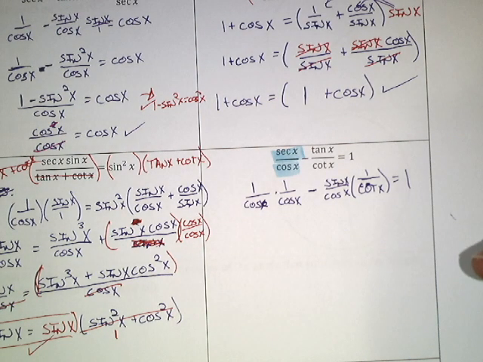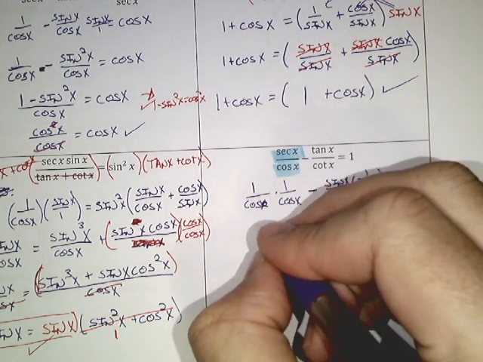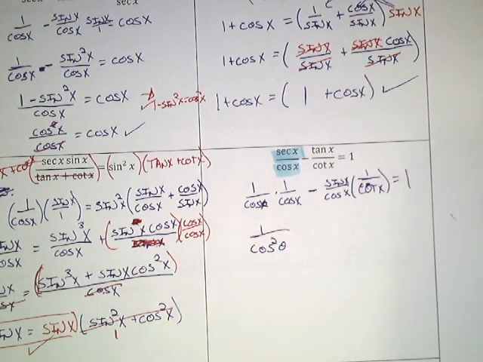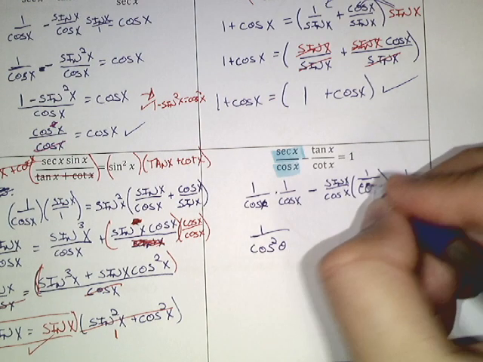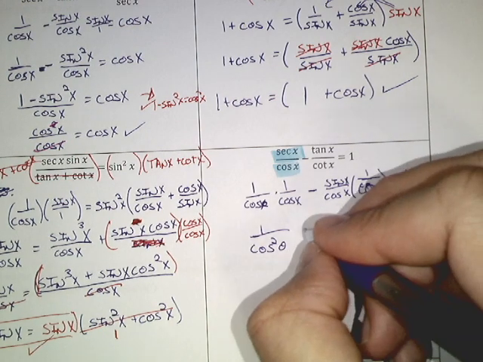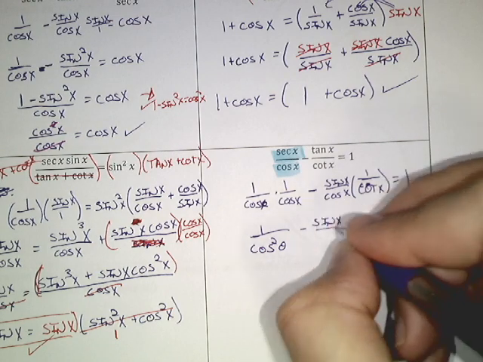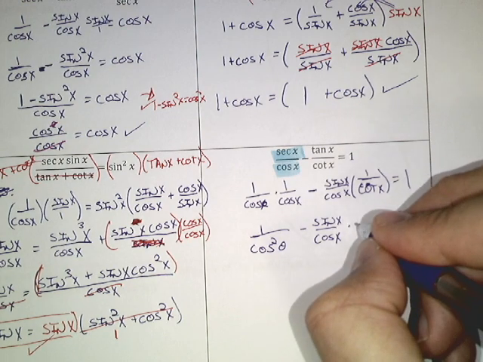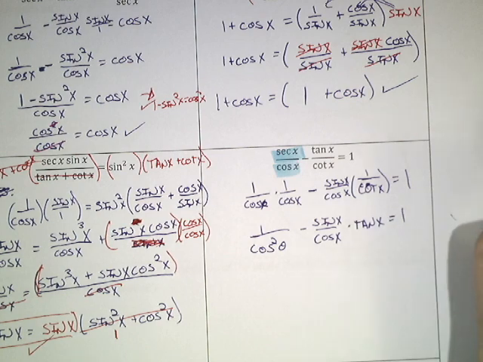So this might be one where turning it to sine and cosine is just a little bit longer. But let's see where it would take us. 1 over cosine squared. 1 over cotangent is tangent, so that would be sine x over cosine x times tangent of x.